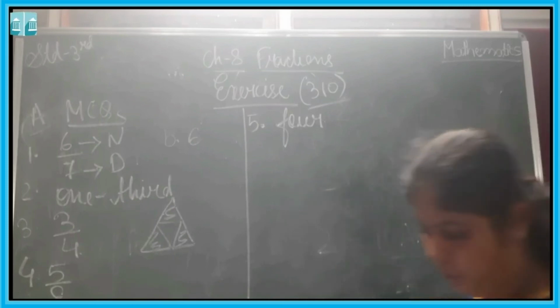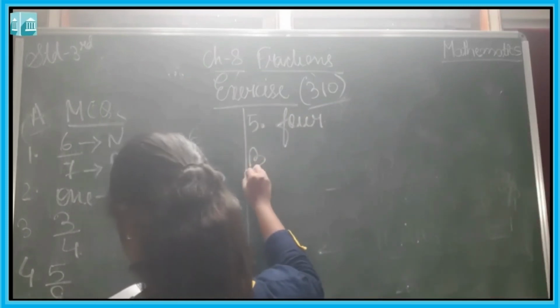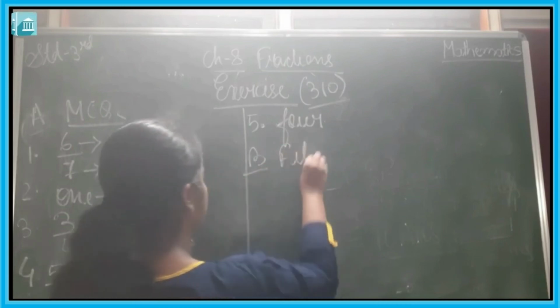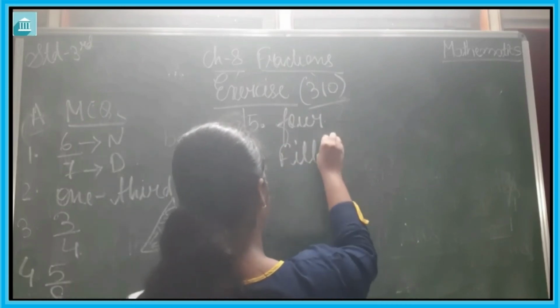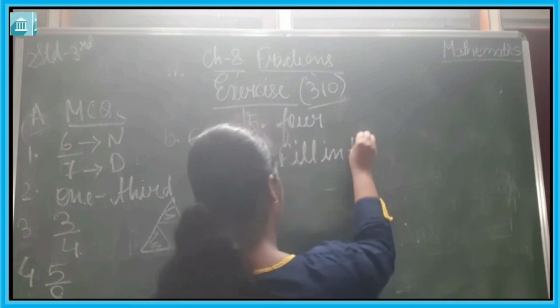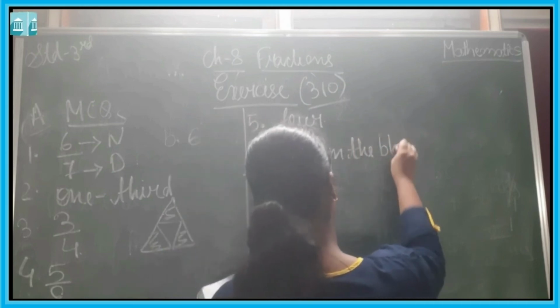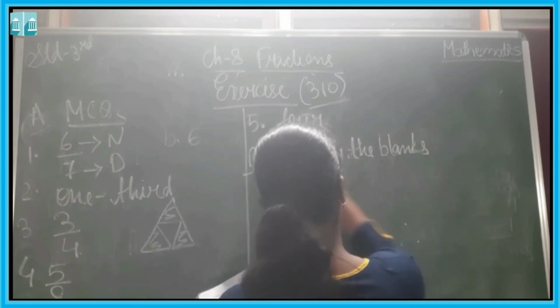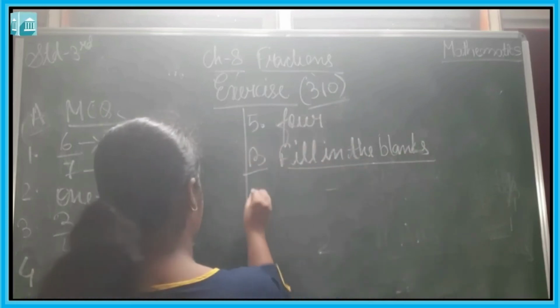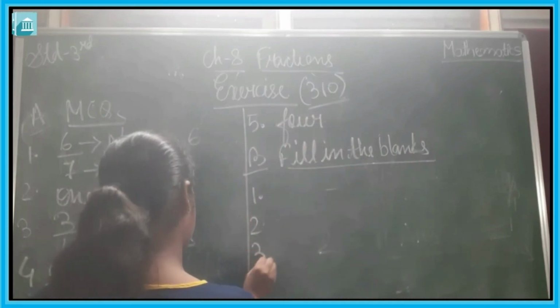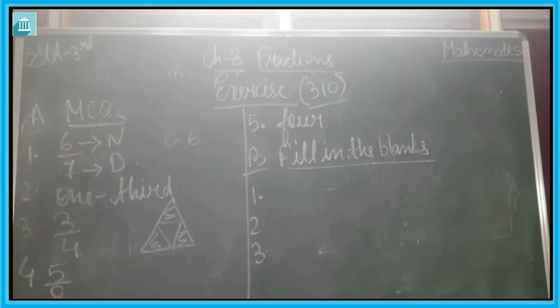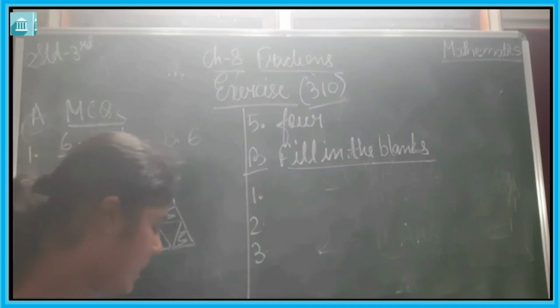Now next one. That is fill in the blanks. The first question is, there are dash fourths in a whole.